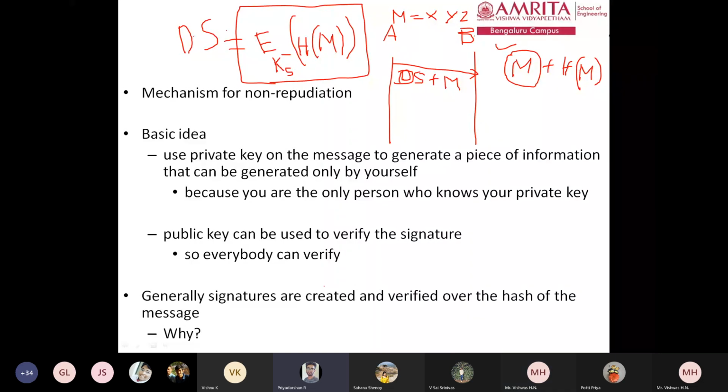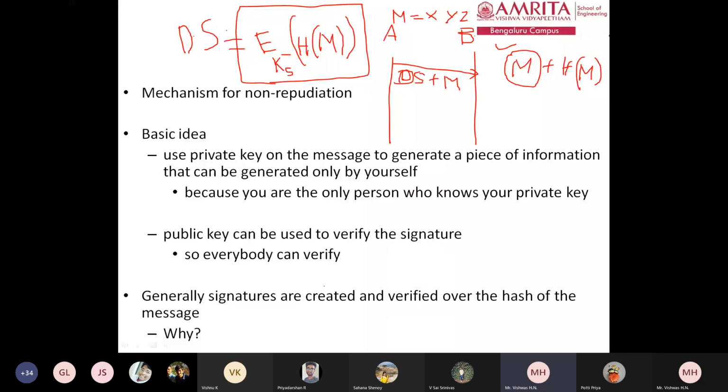It needs both the public key and the private key. See, I am a user. You are also a user. I will have my own private and public key. You will have your own private and public key. And I can easily know your public key. You can also easily know my public key. If I encrypt something with my private key, you can easily decrypt it because you have my public key also.